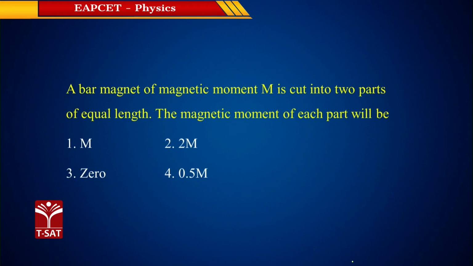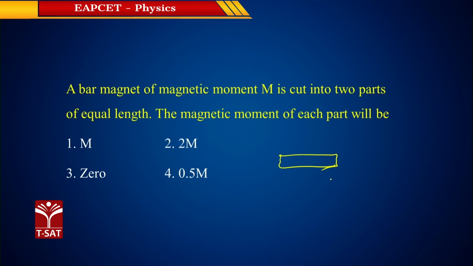Okay children? And a Bohr magnet, magnetic moment capital M, magnetic moment capital M is cut into two parts of equal length. See this question. The magnetic moment of each part will be, here this is the Bohr magnet children, this is a Bohr magnet.